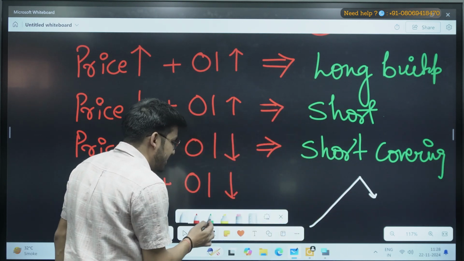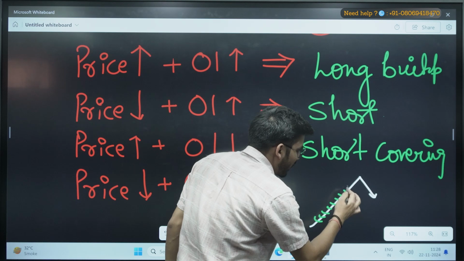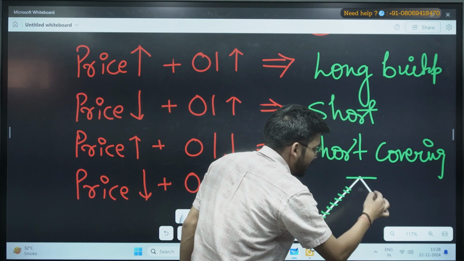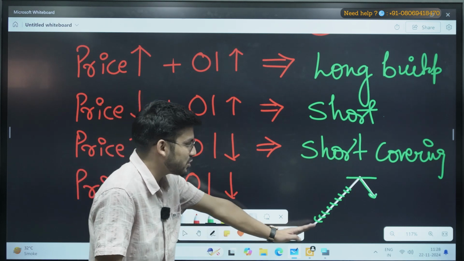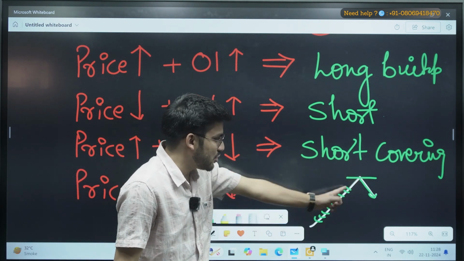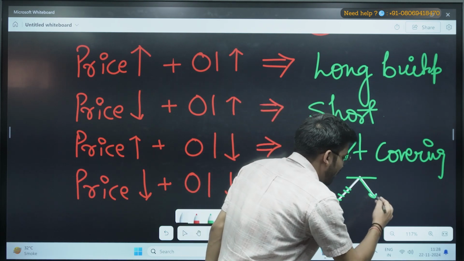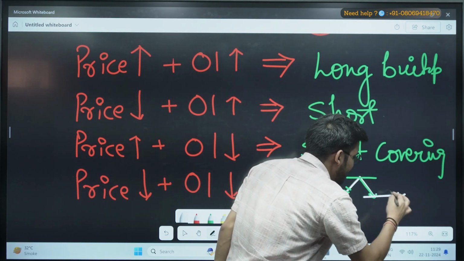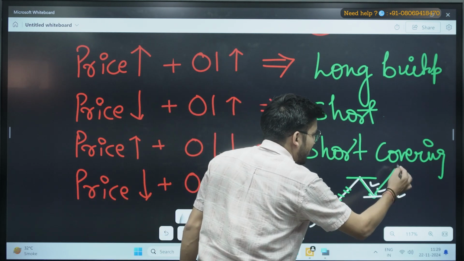It means there must be some buyers who were holding their trade from here, and now they are booking their profit, so that is why the market went downward. Now the market went downward because of this long trend, but there must be some buyers waiting to fulfill their orders at this place, this place, and this place, and that is why the market will again move in the upward direction, right?